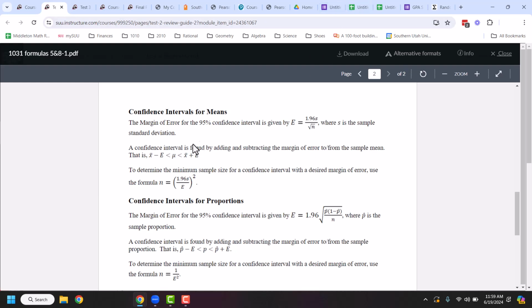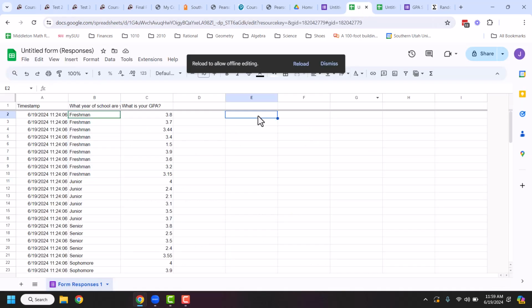So since I want to do the confidence intervals for the means, first of all, I need to figure out what the means are. So I'm going to be looking at several different means here because I want to look at the mean GPA overall, as well as the mean GPA of just freshmen, just juniors, just seniors, and just sophomores.